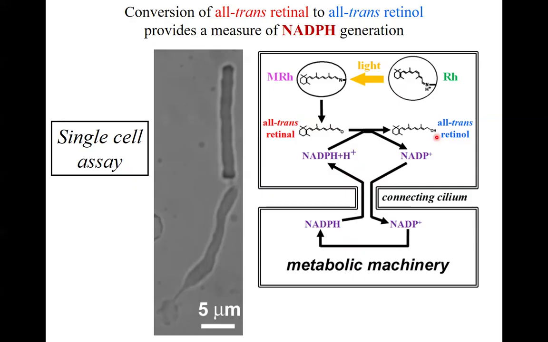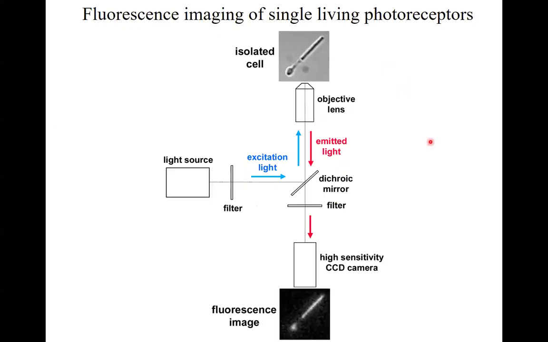And for fluorescence, we chop the retina. We get isolated cells. This is a mouse cell sitting in a chamber at the bottom, in a microscope. We have a light source.